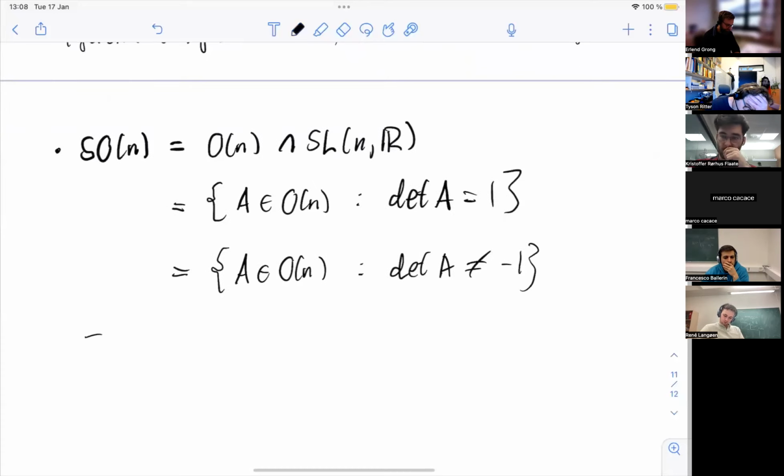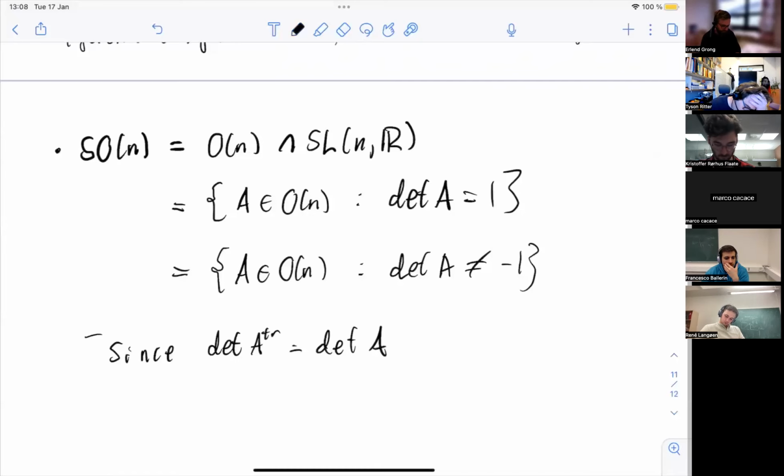So since the determinant is invariant under transpose, if you transpose a matrix, you don't change the determinant.